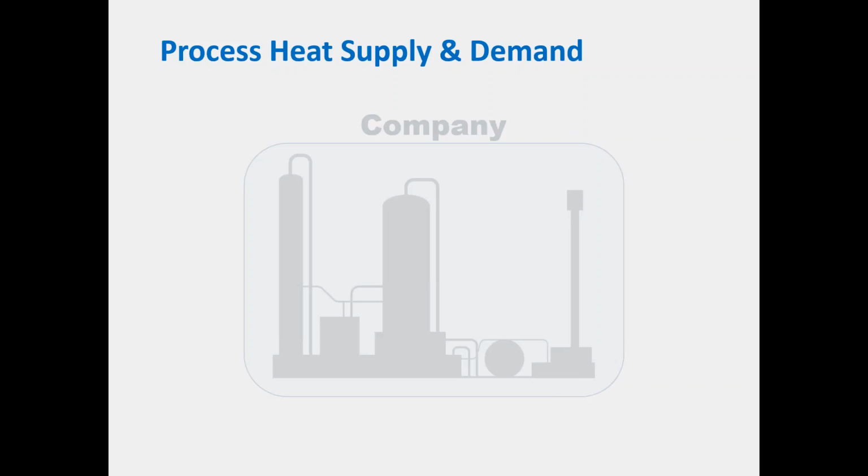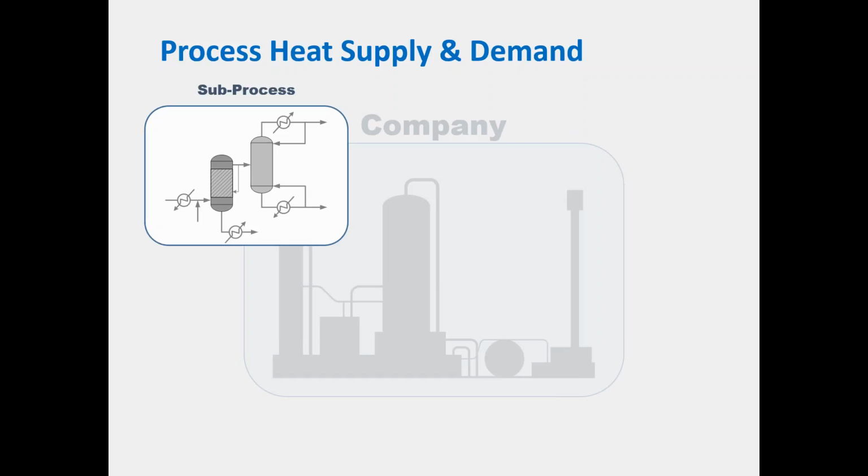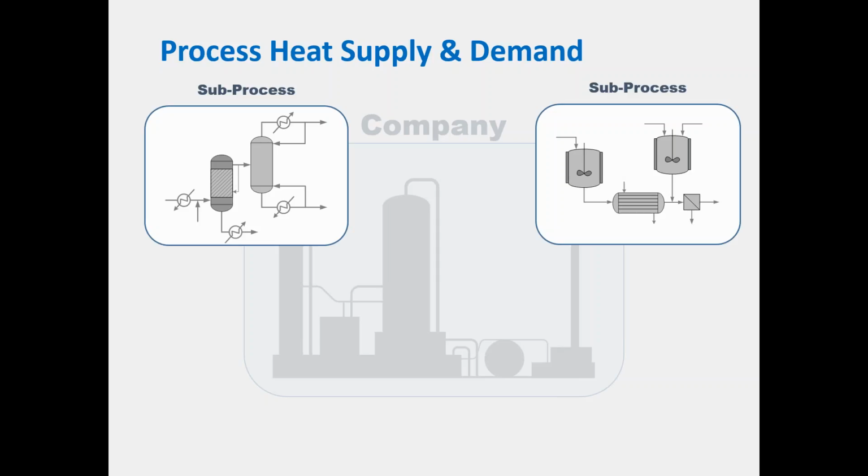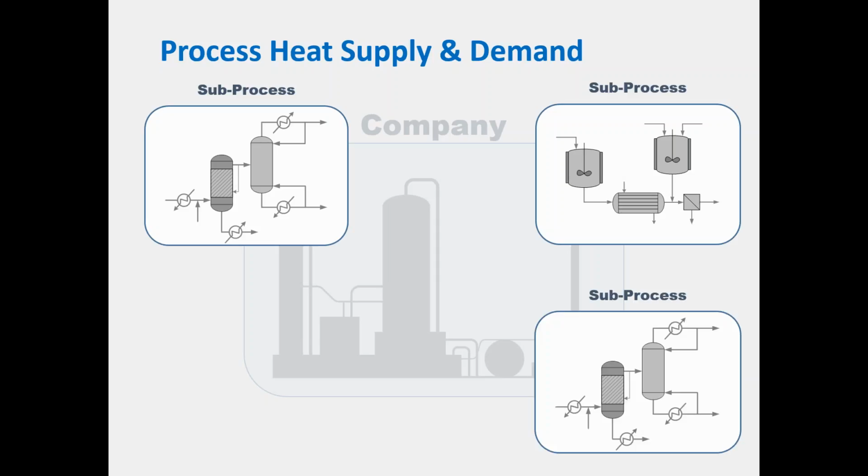So in our company, we may have a number of processes or sub-processes. Okay, so these are parts of the process where we do something, and there will obviously be some heat demand and cooling demand in each one of these processes.